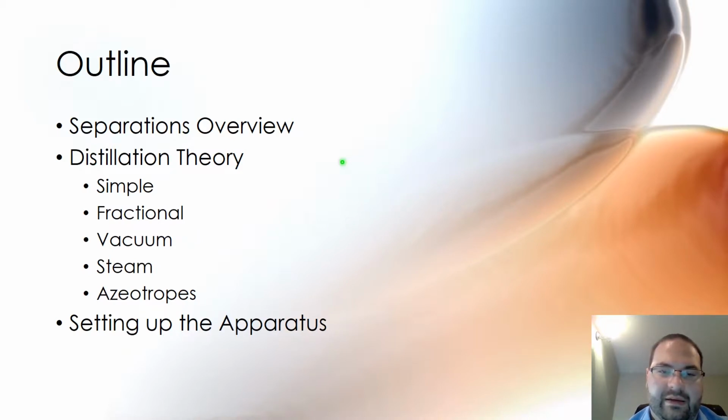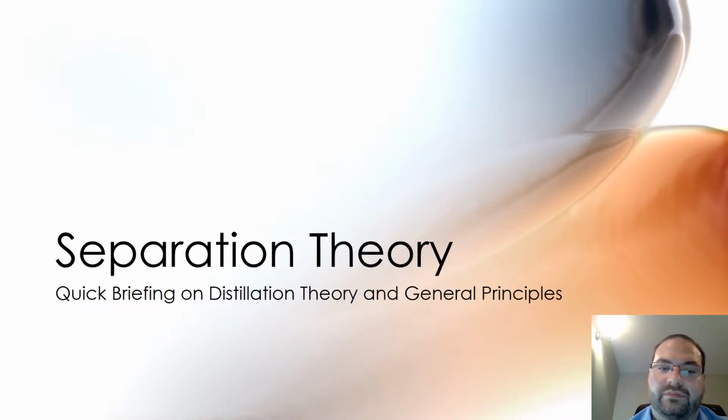And I'll give you a little bit of a glance into some future things that will help that make more sense. And then we'll talk about how to set up your apparatuses. We'll begin with separation theory.